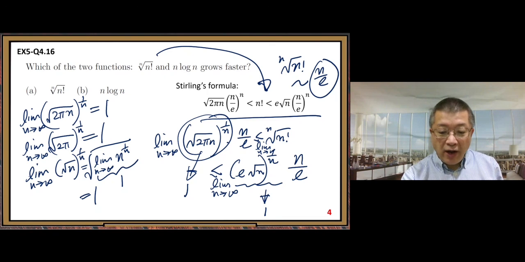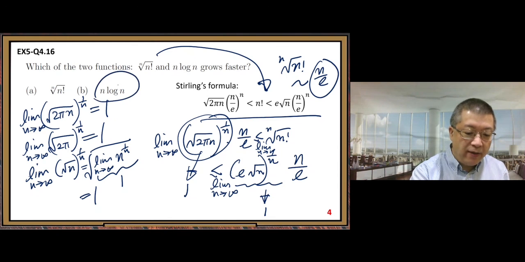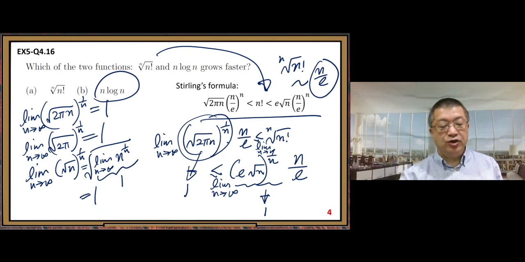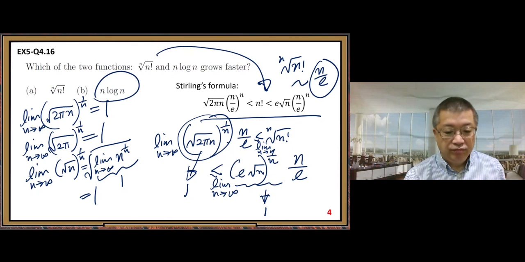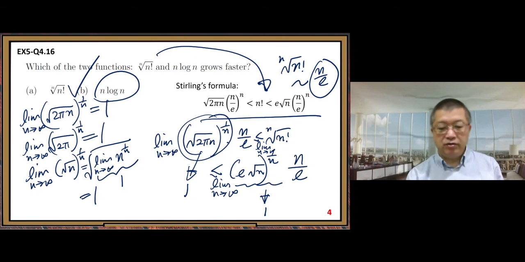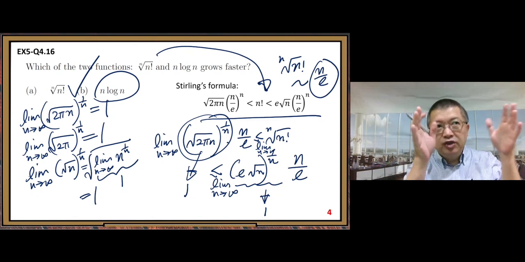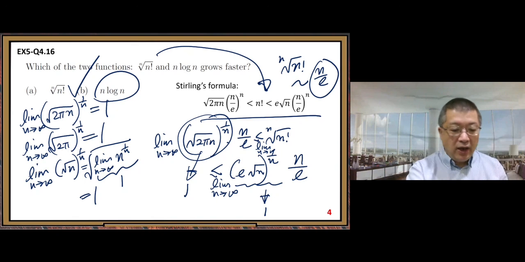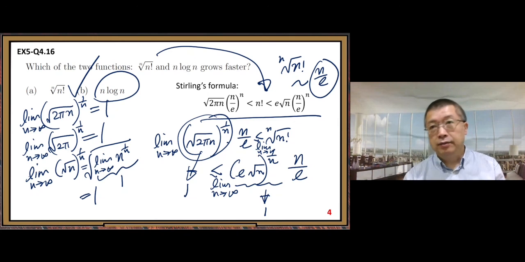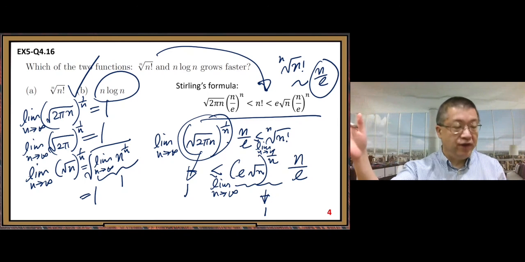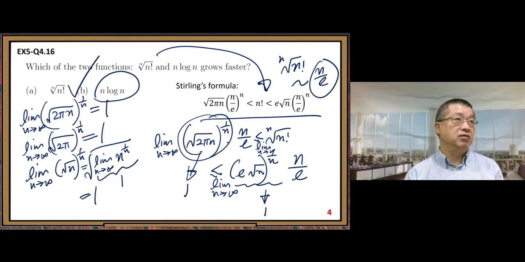N over e compared with n log n, which one is larger? Which one grows faster? n log n grows faster. N over e is smaller than n, and n log n is much bigger than n, because log n goes to infinity. So you can see b is larger.